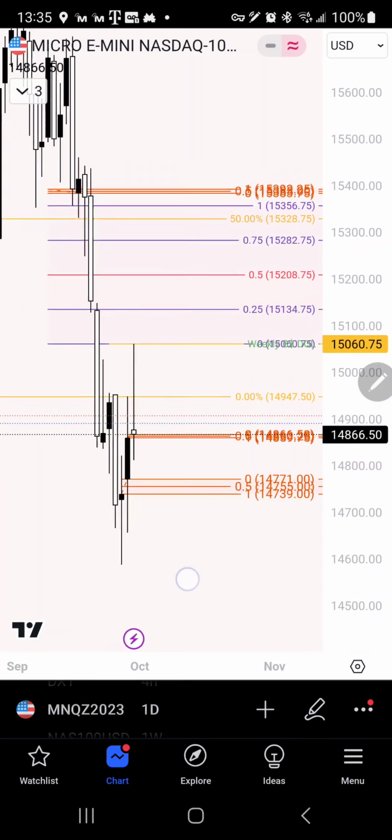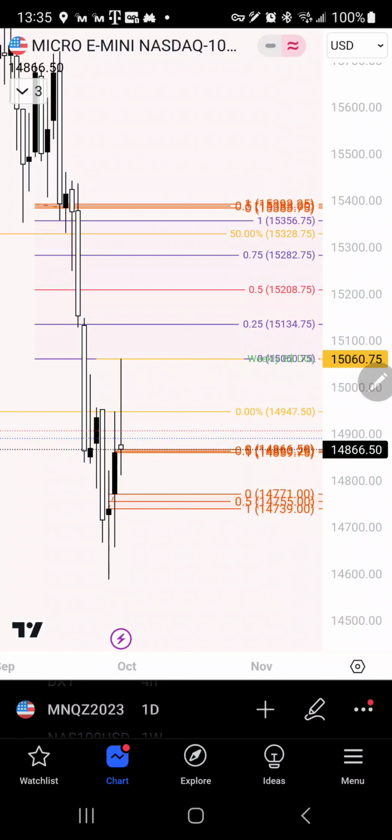So I think for the upcoming week, ultimately, we will come up into the $15,328.75 price point before finishing the sell program. But price can do anything that it wants. Of course, obviously, we're not in control of it. We can just watch the footprints.